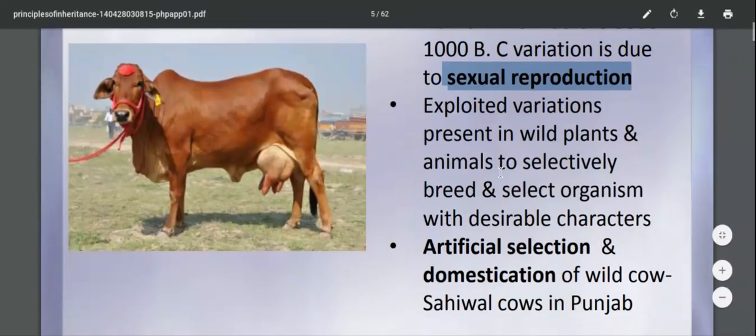So it's not a new finding. And this finding that in sexual reproduction there is variation, this fact is exploited in breeding of organisms, be it plants or animals. So, you might have heard of artificial selection and domestication in breeding of animals.